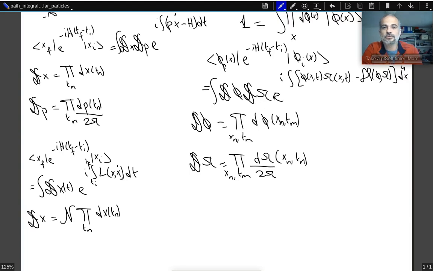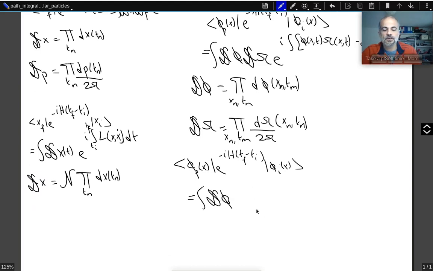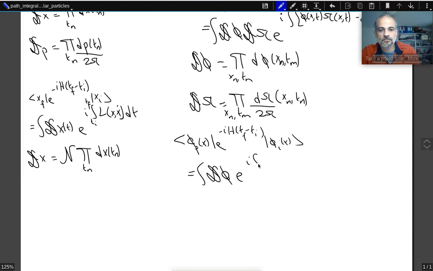And here we can also do the same thing. So this matrix element, phi f of x, e to the power minus i H times Tf minus Ti, phi i of x, will be written as a measure over the field configurations of e to the power i, this time the Lagrangian density, d4x, the time integral starting from Ti up to Tf, and the position integral is just over all space.